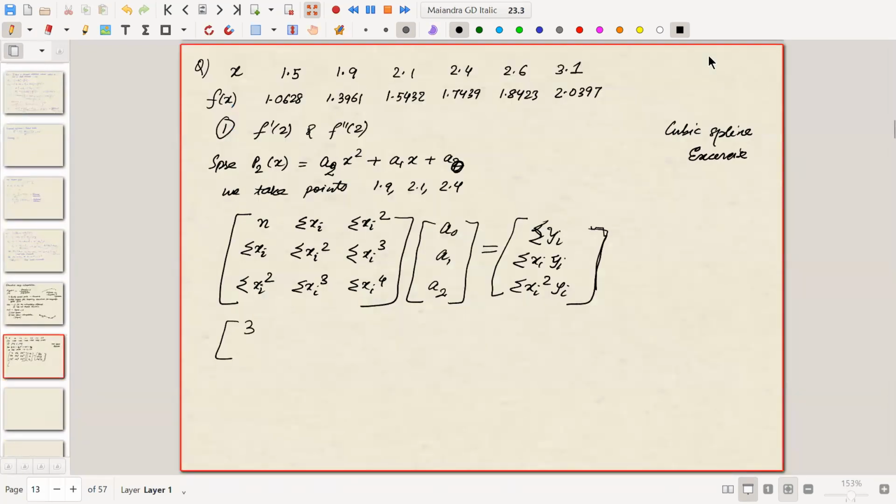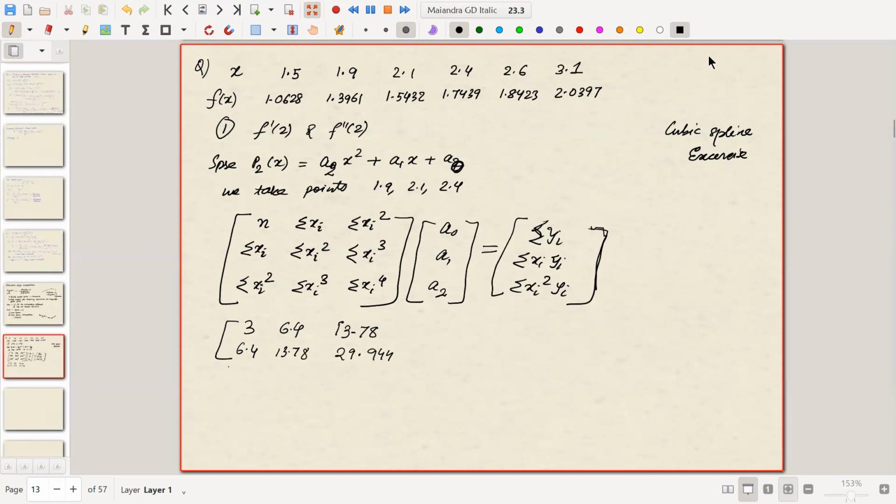Just try to check. This is 3. 13.78. Is it 6.4? Then again 13.78. 29 point.